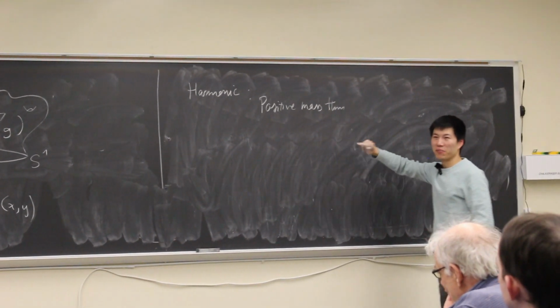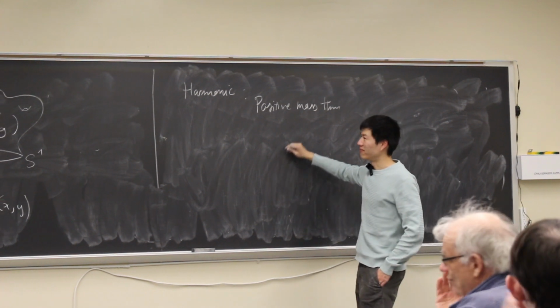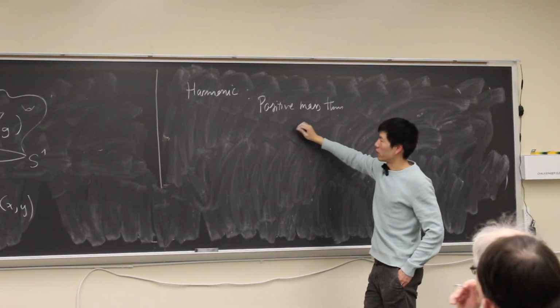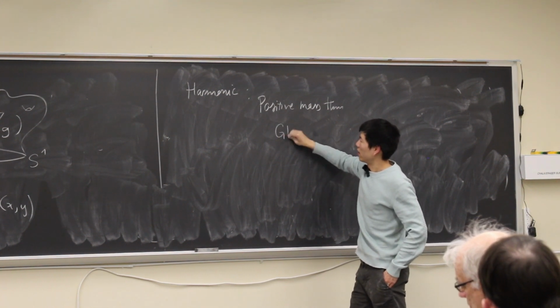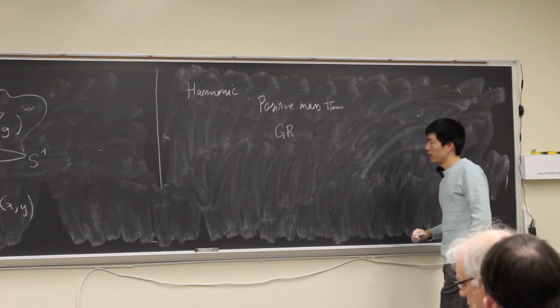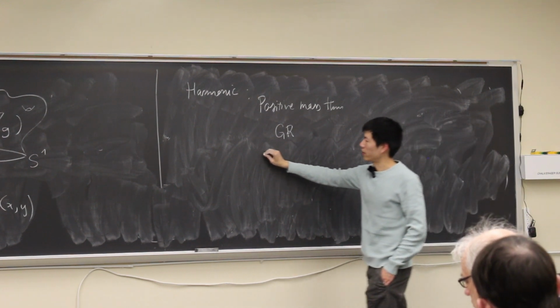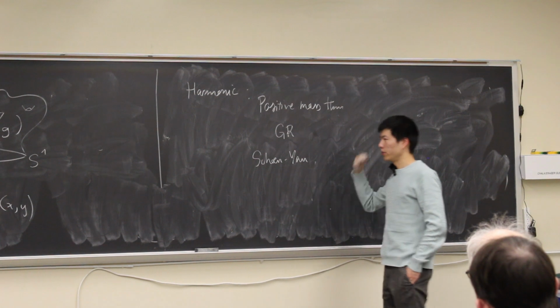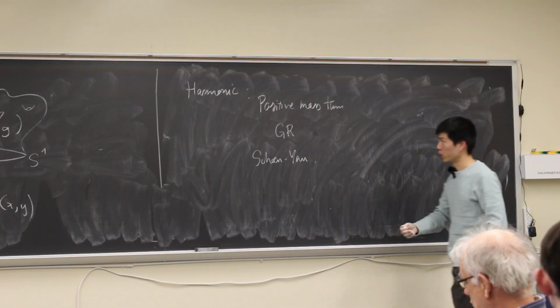So the positive mass theorem is a result in general relativity, and it's a result of Schoen and Yau. And many other people contributed many new proofs of this theorem.